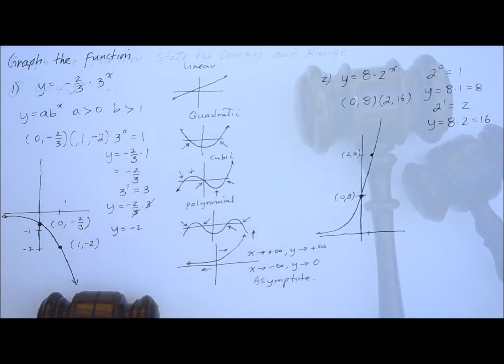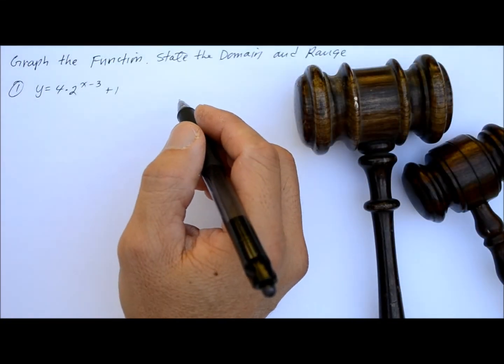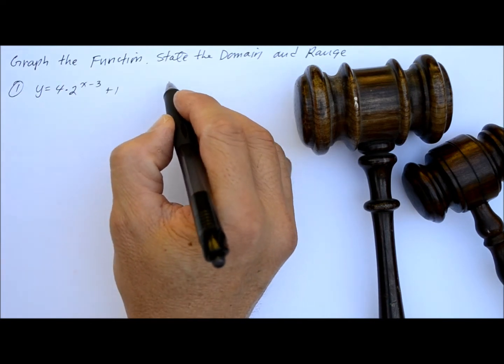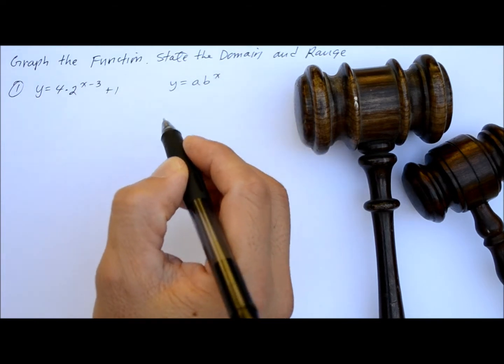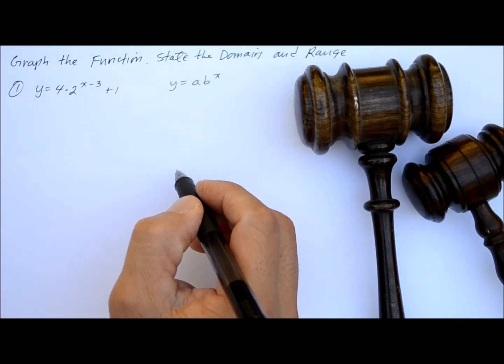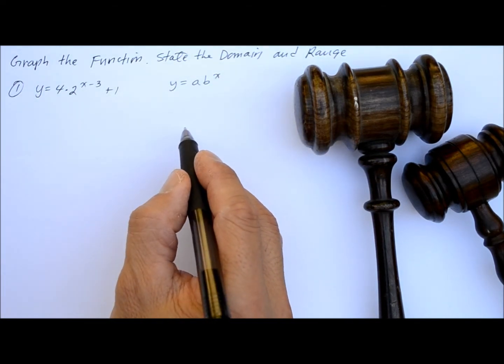There you have it. So last time we talked about the exponential growth function as being written as y is equal to a times b to the x power. But sometimes they do change positions.